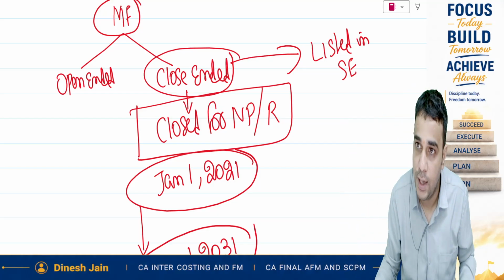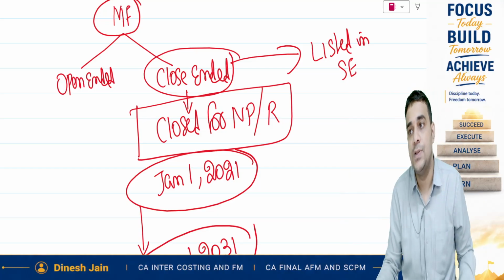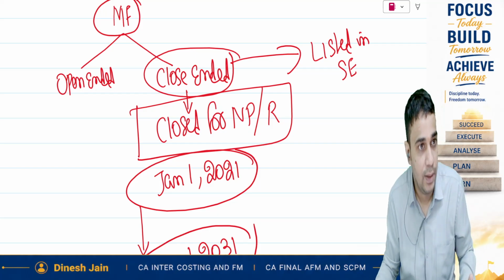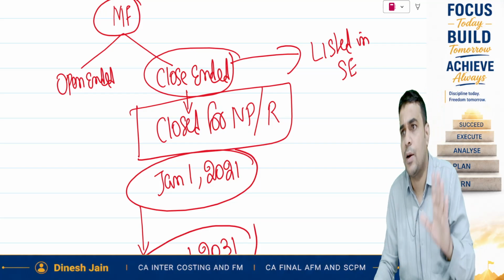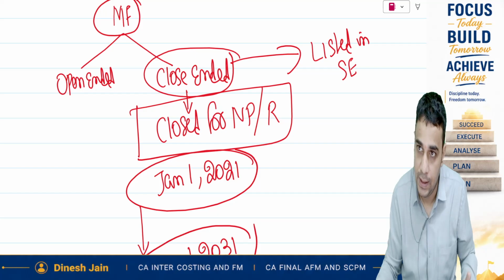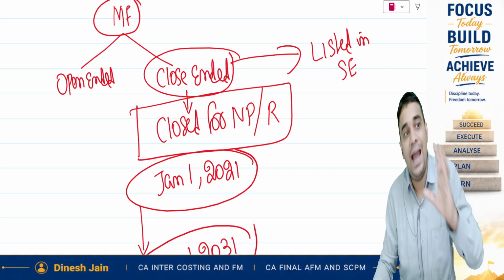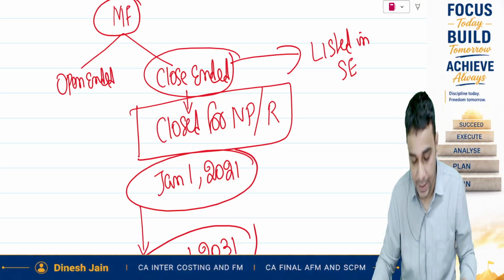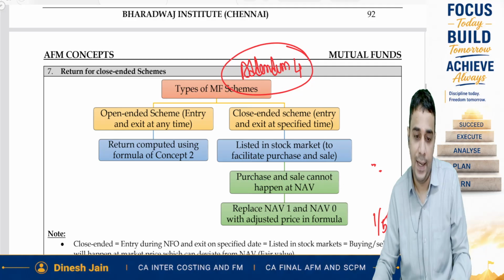You press a buy order, somebody else will press a sell order, and the transaction will pass through. So under a close-ended scheme, buying and selling will happen at the market price. Now this leads to one challenge.